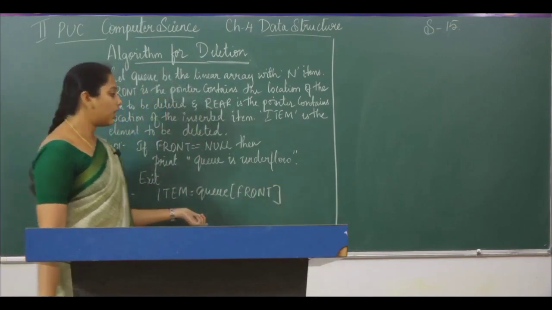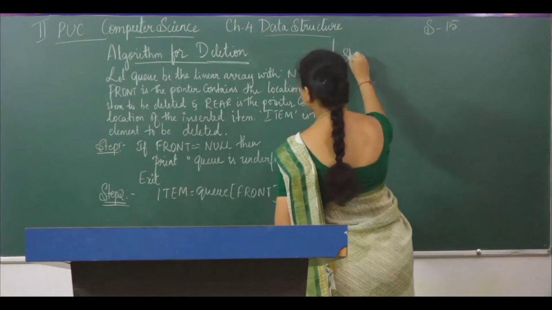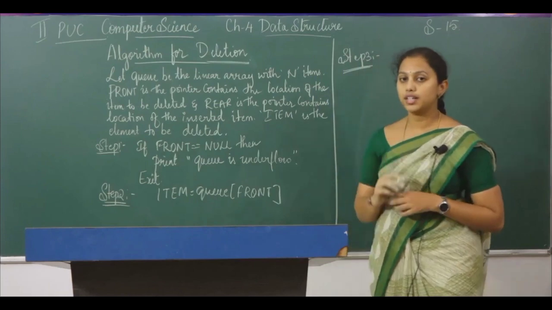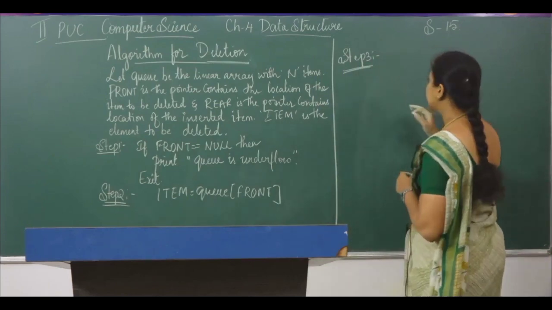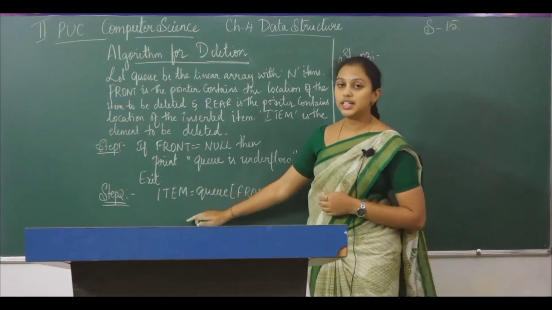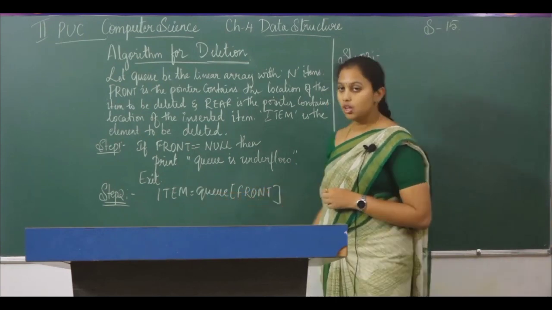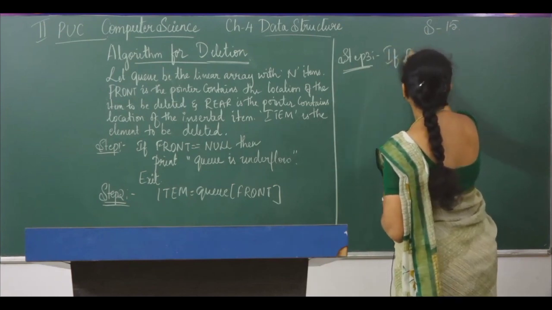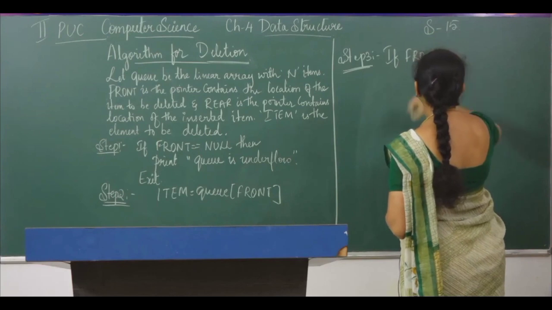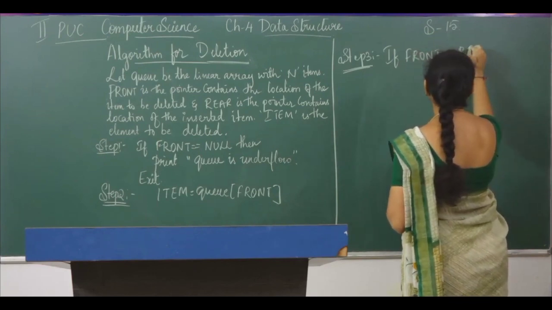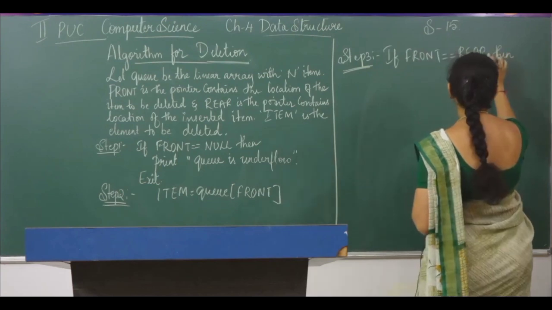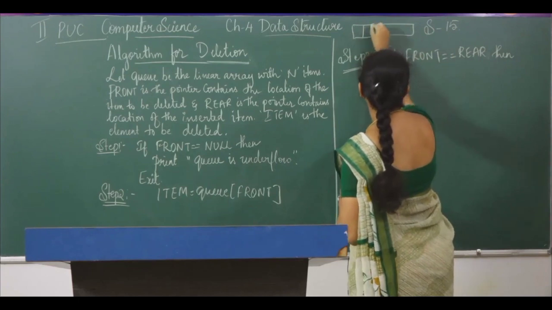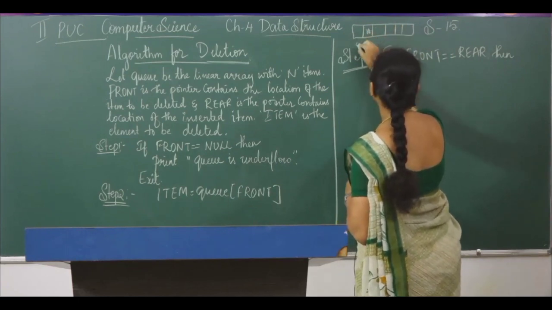So after deleting an item, we are checking for the condition, whether the queue contains only one element. If the queue contains only one element, then after deleting that item from the queue, if front is equal to rear, then see here in this queue, it contains only one element.